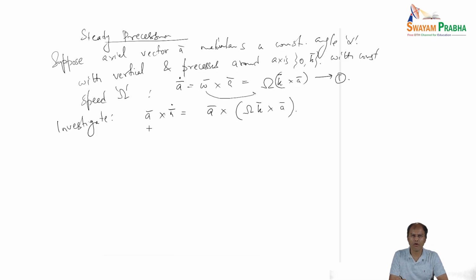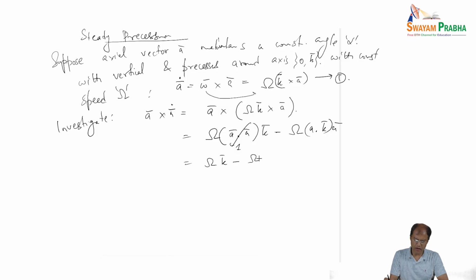So we have taken a cross product with respect to A dot, and on the right hand side this is going to be omega A dot A times K minus omega A dot K times A. So this is 1, and this is equal to omega of K minus omega of A dot K times A. We can call this omega cos alpha, since A dot K: K is the vertical axis and A is the rotating axis, and they both make an angle alpha.